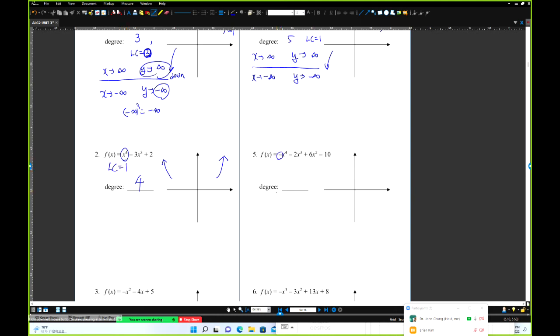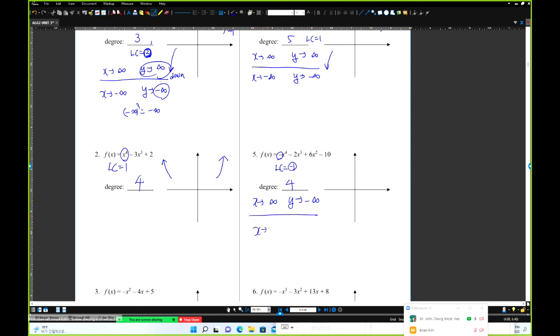What about here? This is different. LC is negative 1, the degree is 4. When x goes to infinity, what about y? Infinity to the 4th is still positive infinity, but multiplied by the negative leading coefficient, it's going to be negative infinity, right? It changes the direction.